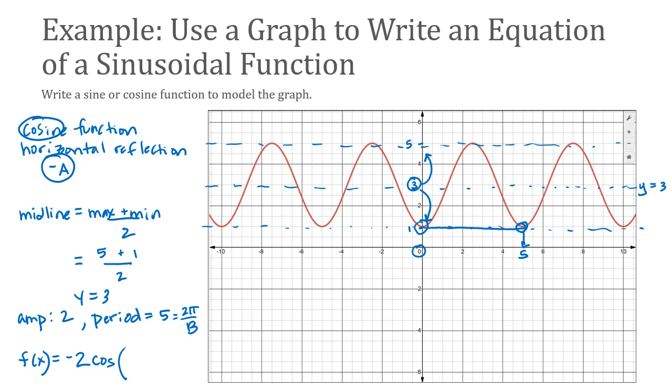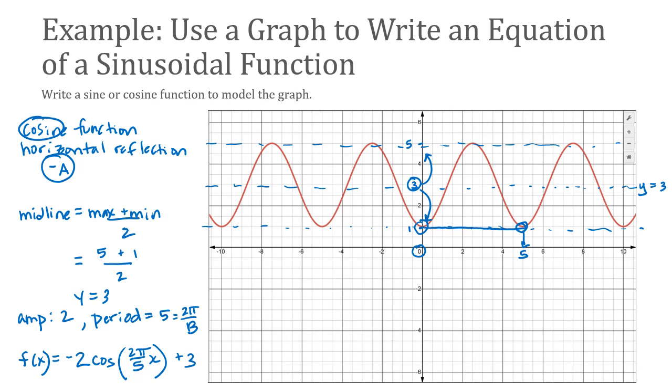Now, I'll leave the solving of b to you, but what you should find out after you do that is that my b value is 2 pi over 5. And then I'm going to hook an x on. And then my last step is going to be to write the midline. And I said that the midline was positive 3, so I'm going to write plus 3.